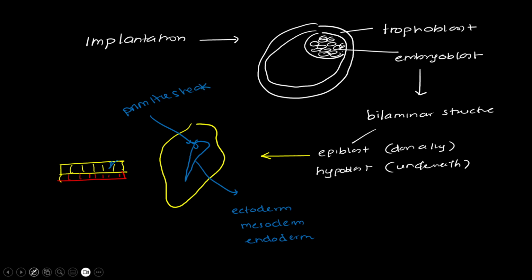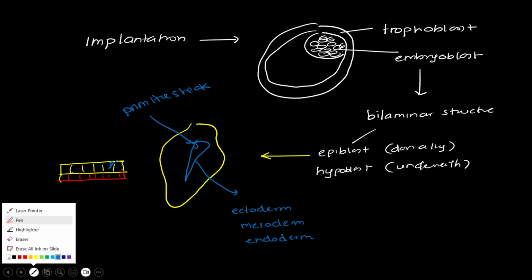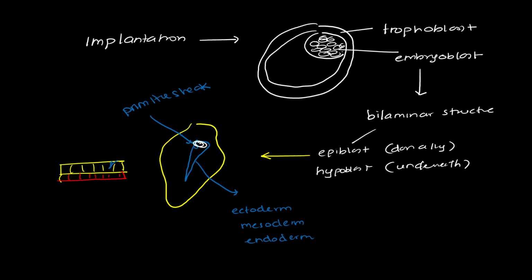The caudal end is the pole of the primitive streak, and the cranial end consists of a node which is known as the primitive node. The primitive node, as well as the primitive streak, is important in orientation of the embryo in the craniocaudal direction. The primitive node depicts the cranial region, and the distal part of the primitive streak shows the caudal region.